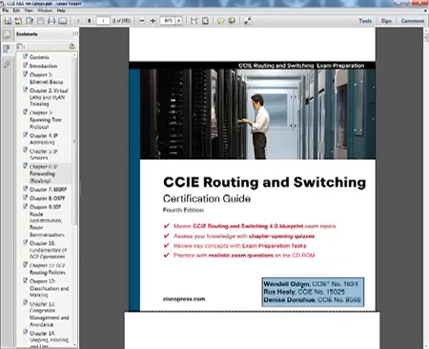Wendell Odom has been a CCIE since like '94, '95. And then Russ Healy, he's right up there with him. And then Denise Donahue. She was responsible for more of the configuration side of it, but this thing goes through everything you're going to need to know about the boot camp or the written exam.